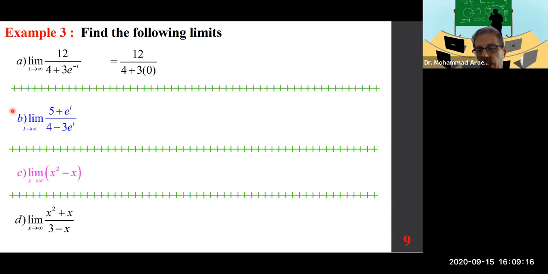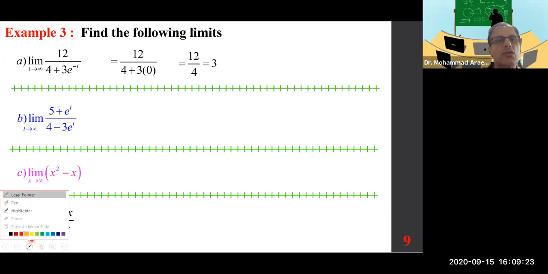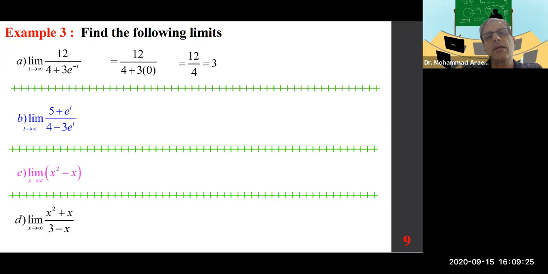I want to make sure everybody understands why this is the case, class. So when we say e to the power of minus t, we change it to e to the power of minus infinity. It's 1 over e to the power of infinity, which is 1 over infinity, which is 0.